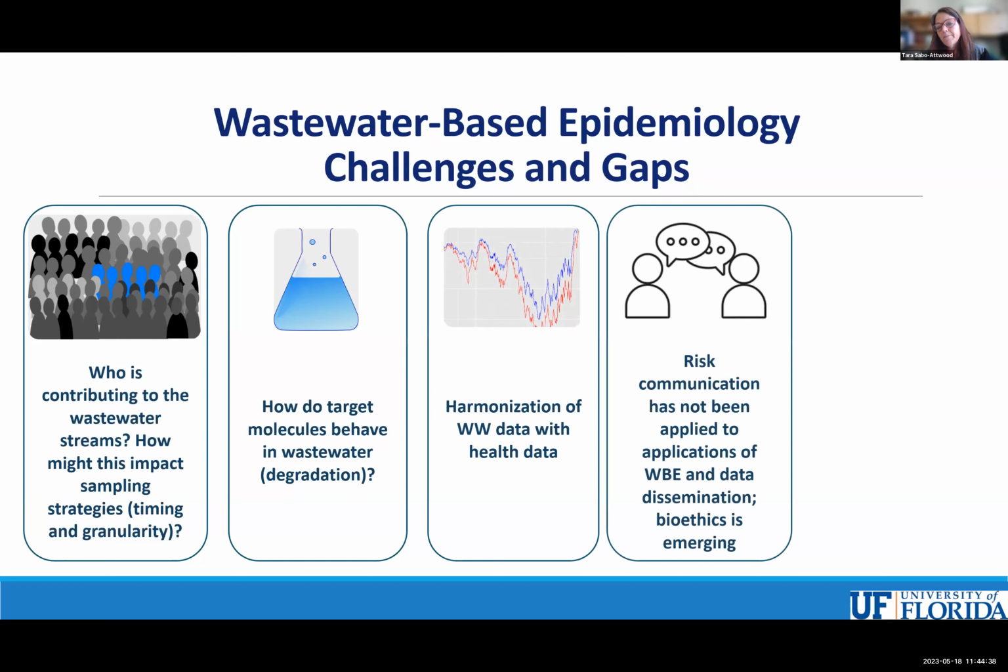Something that has really come up in our work and with others is this idea of risk communication. And so there's a lot of concern about how we disseminate this type of data, especially in the context of like opioids or even pesticide exposure to farm worker communities, that there's hesitancy from cities and sometimes the wastewater treatment plants to allow the data to be disseminated in its full form.